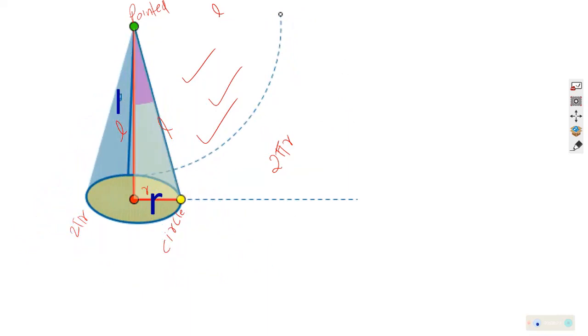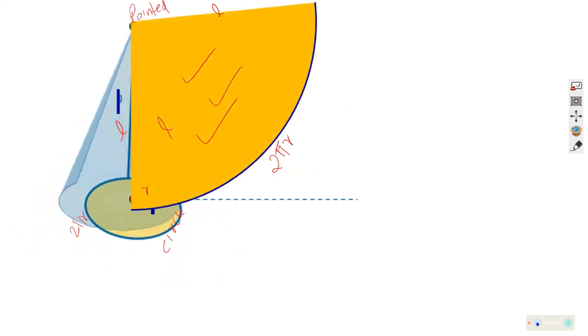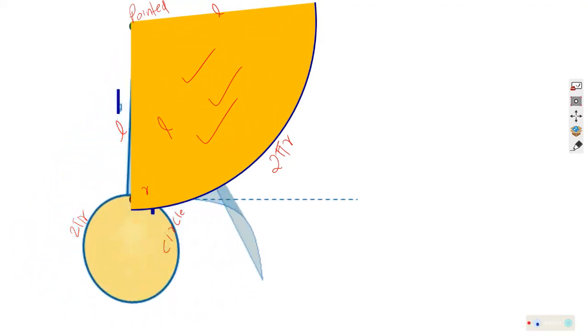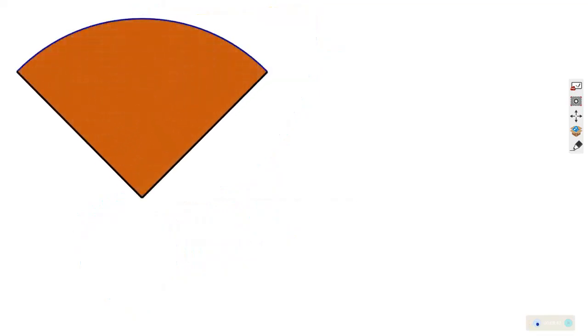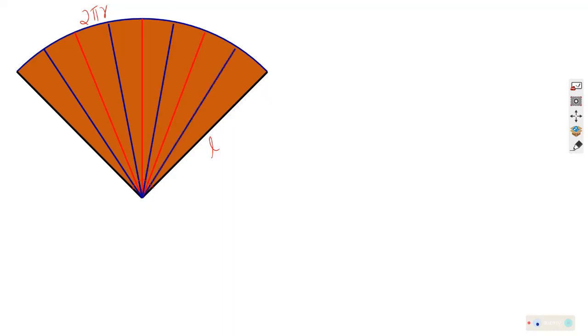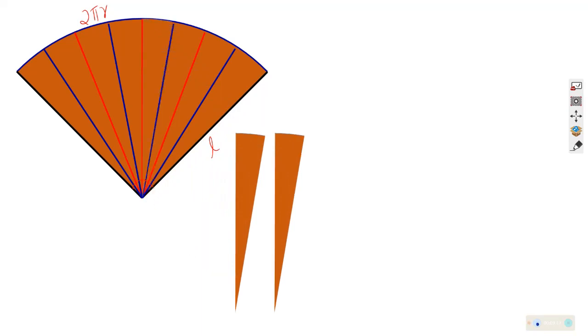So let us move ahead to find out how we can do it. Let us remove that part from this animation. Here we have 2 pi r and the slant height. We have no idea about the angle, otherwise we might have used the formula of a sector, but we cannot. What we will do is break this into as many small pieces as possible and separate each piece like this.